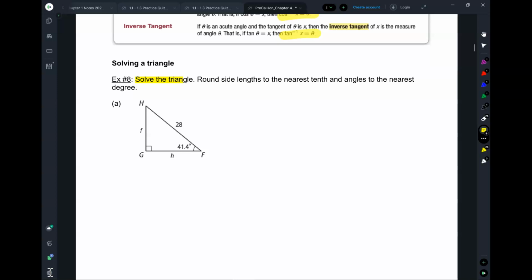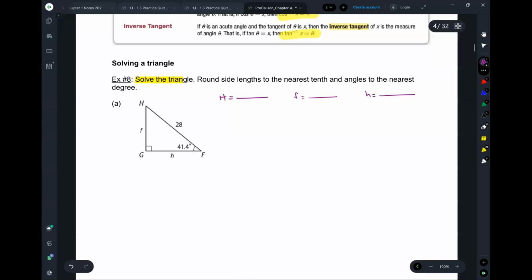Here, I'm given a side, an angle, and another angle, G. I need to find angle H, and I like to make a list for myself: angle H, side F, and side little h. Angle H is easy here. How much? 48. Right.